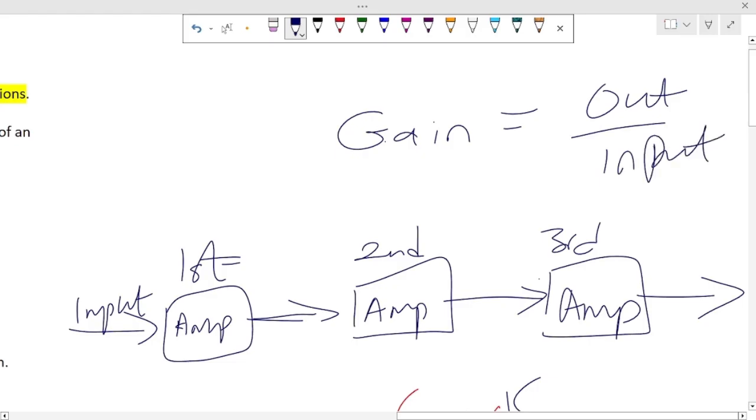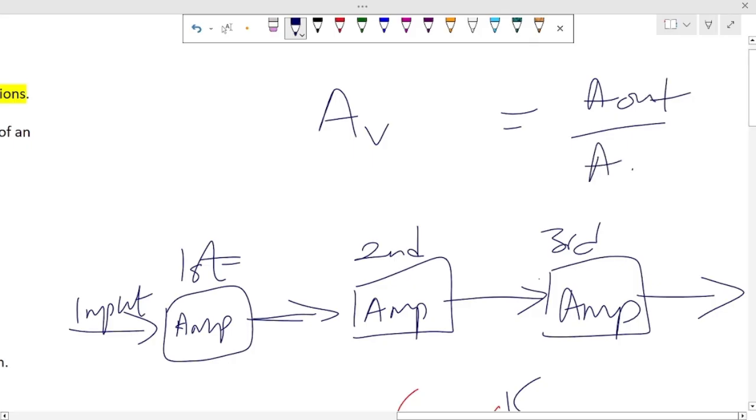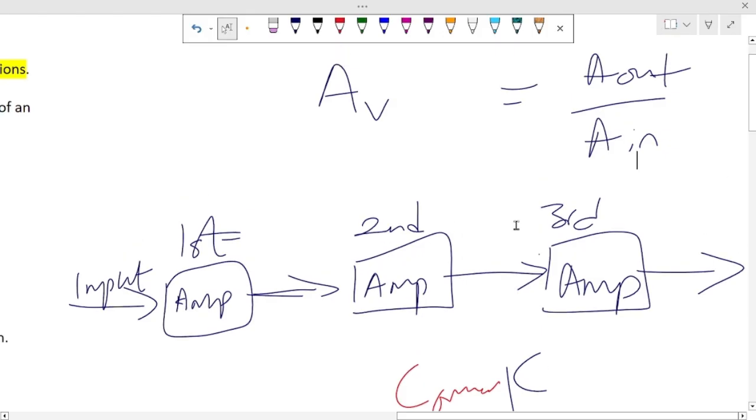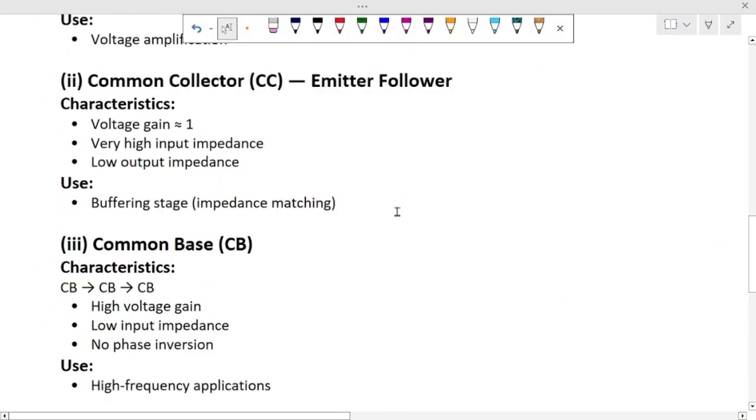So if we're talking about voltage gain, voltage gain will be out over in. Okay, so if the out is very large and the in is small, by the time you do this division, you have high voltage gain. So that's what we mean by gain right there.